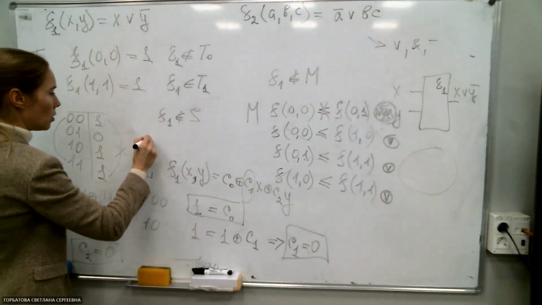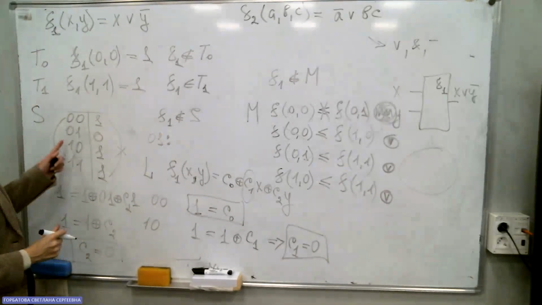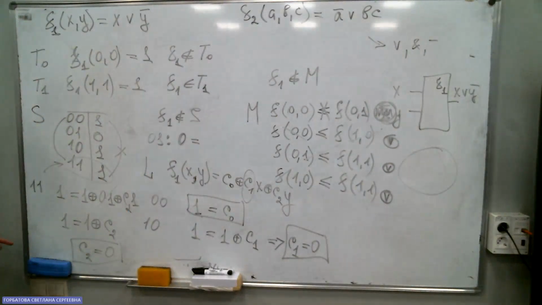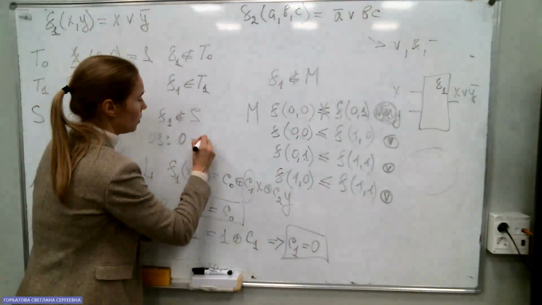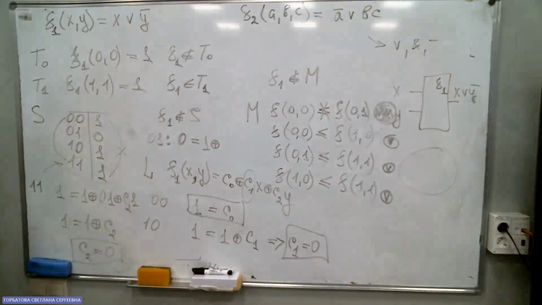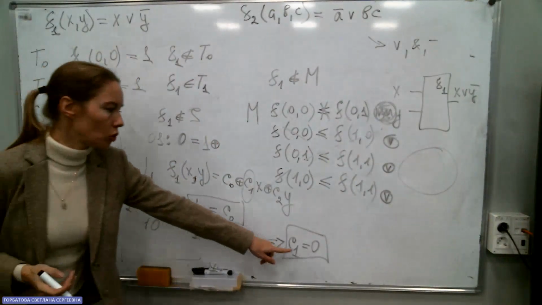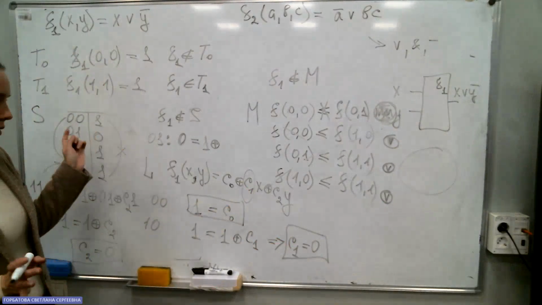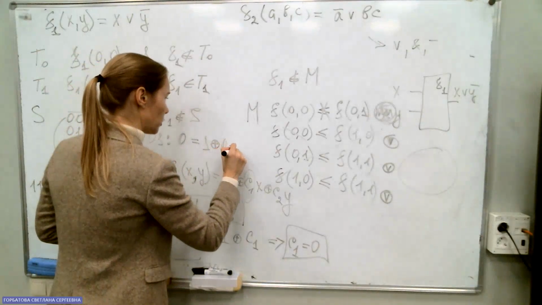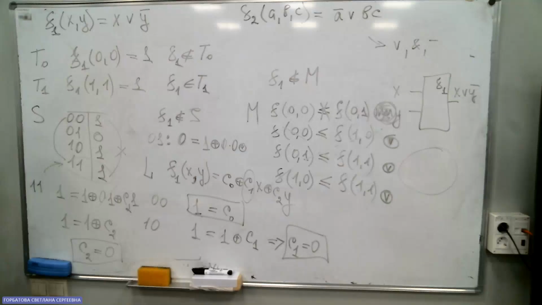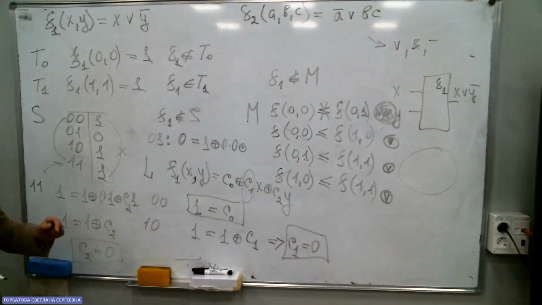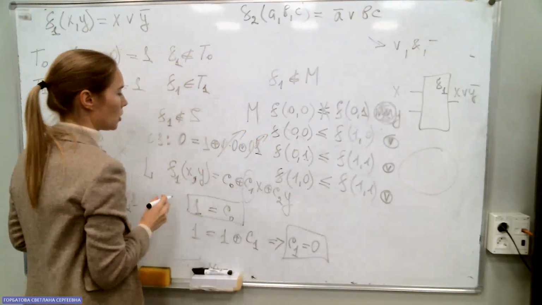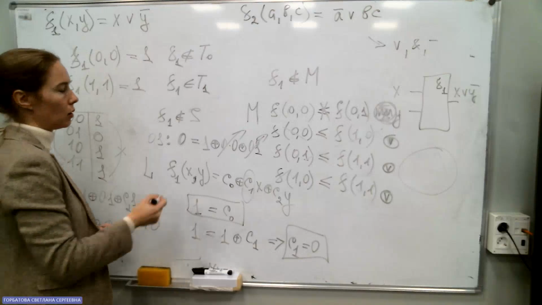And the last point, 1, 0. Sorry, it is 0, 1, the last point. So the function here is 0. 0 equals the right side, 1 plus modulo 2. C1 is 0, so 0 conjunction 0, 0, plus modulo 2 0 conjunction 1, so it disappeared. 0 is not equal to 1.